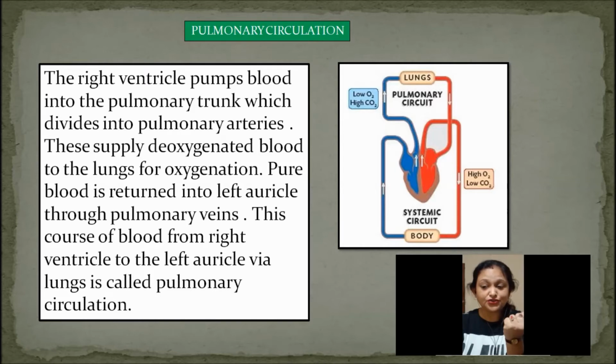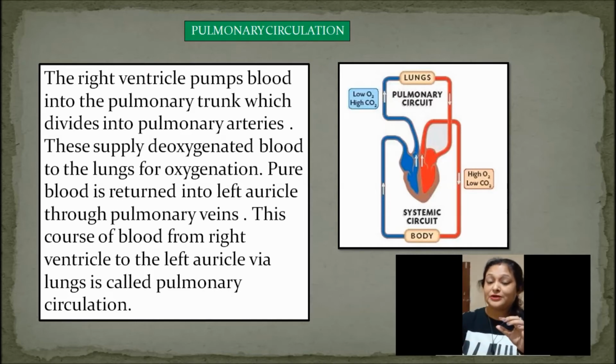This diagram is already showing on the PPT, you have seen that. The blue color is deoxygenated blood, which enters through the pulmonary artery into the lungs. So literally we can say the right ventricle pumps blood into the pulmonary trunk. Pulmonary trunk means the pulmonary artery.